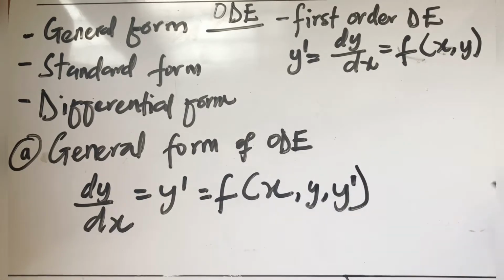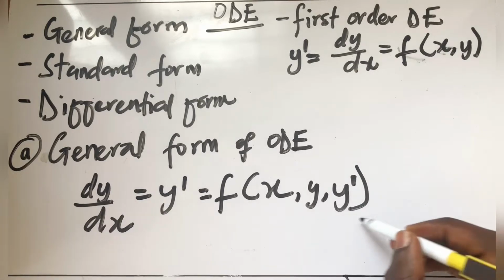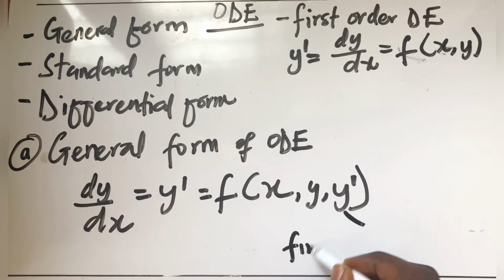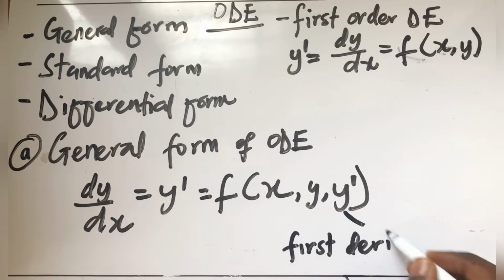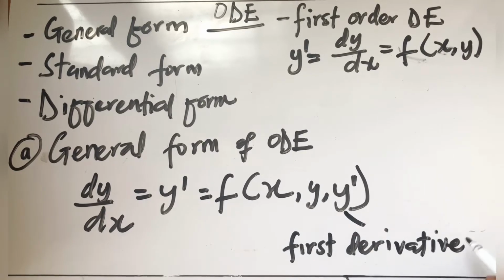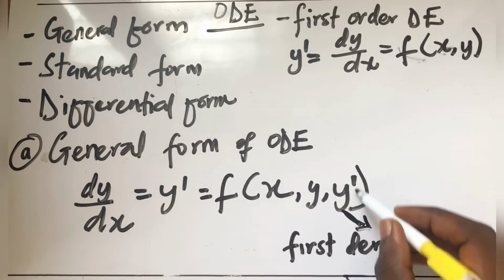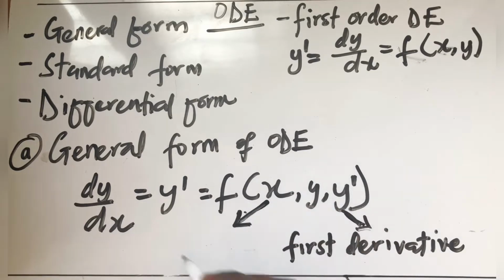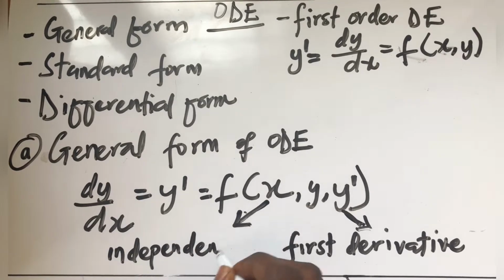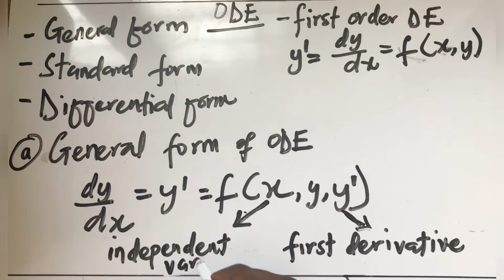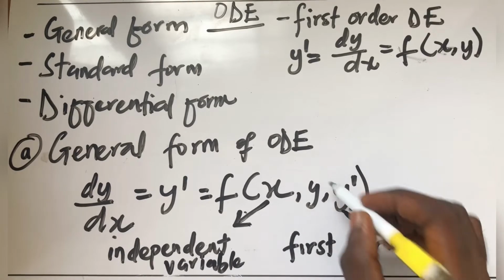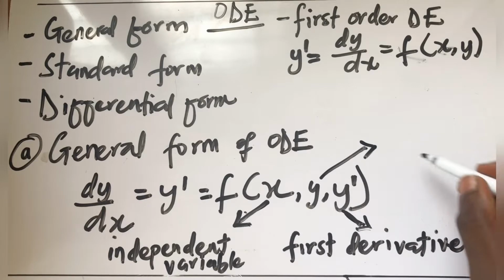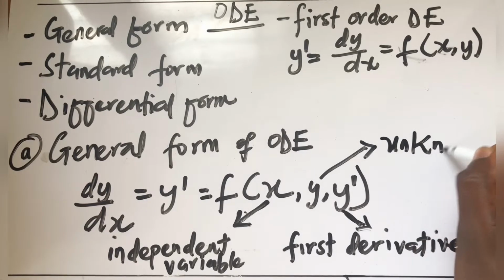From this you could notice that these are differentials, these are first derivatives. The y prime is our first derivative. The x value in the equation is our independent variable, and our y value is the unknown.